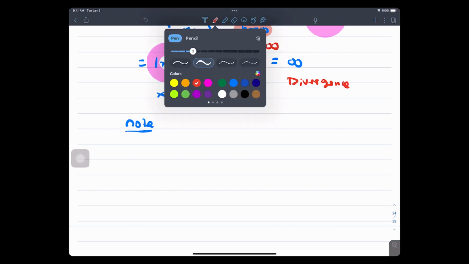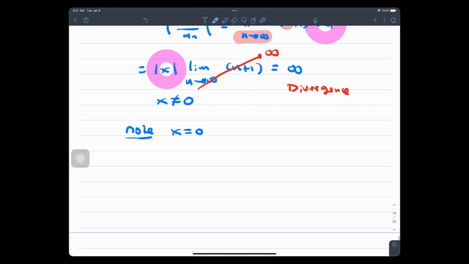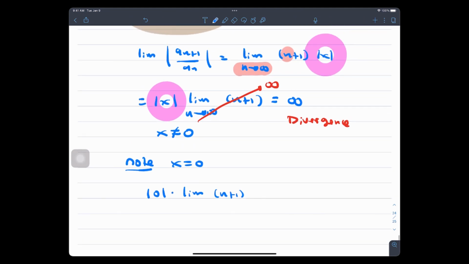But what if x equals 0 now? Then the absolute value of 0 times that limit here, go back and put that absolute value here. If that is 0, here's what I want to note: you're now really looking at the limit of the absolute value of 0 times (n plus 1), as n goes to infinity.